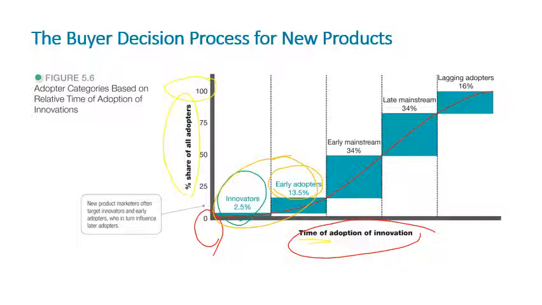And then we actually have the mainstream group. This is when the product or service starts becoming commonplace, and the early mainstream is the absolute key for this product to become successful. That's when the product initially goes mainstream.